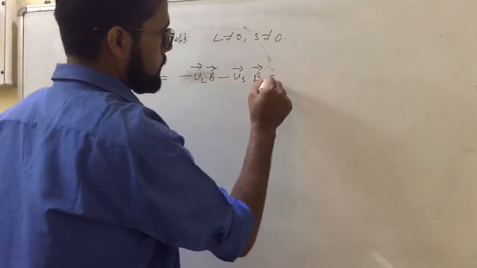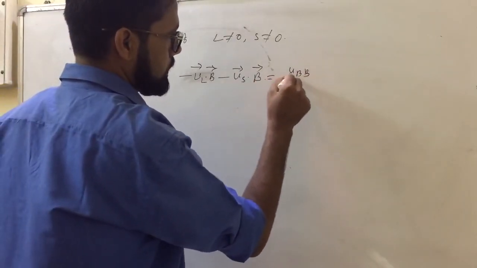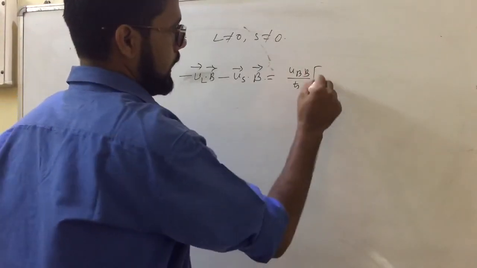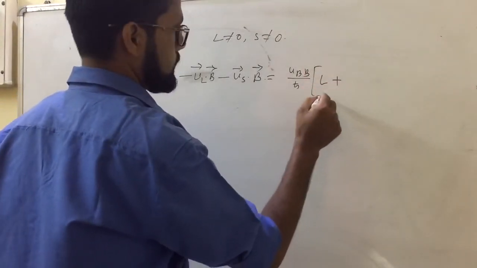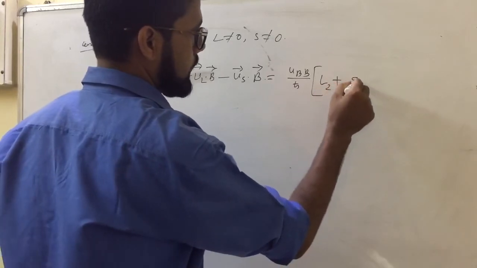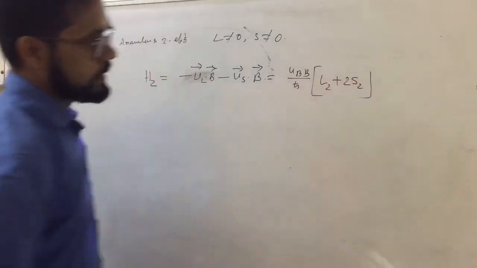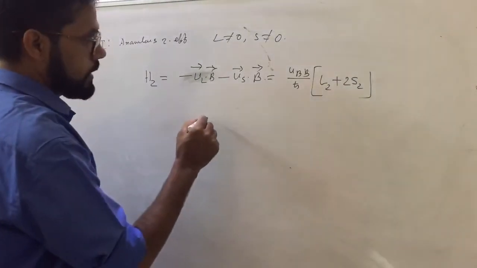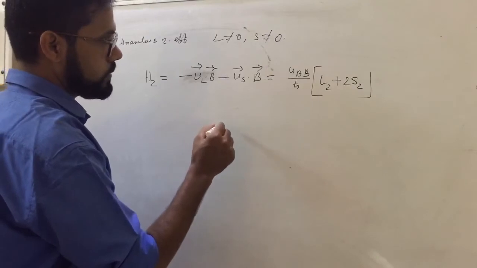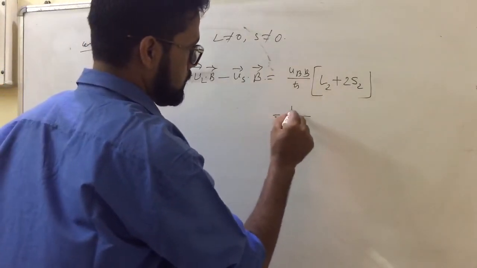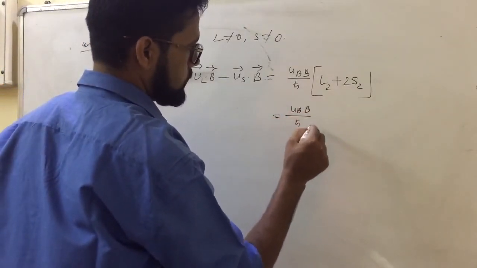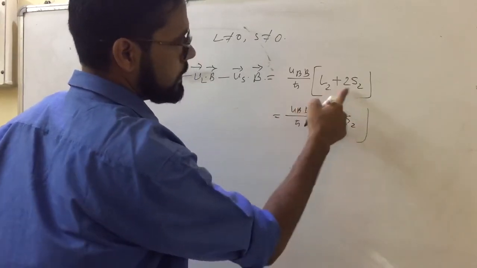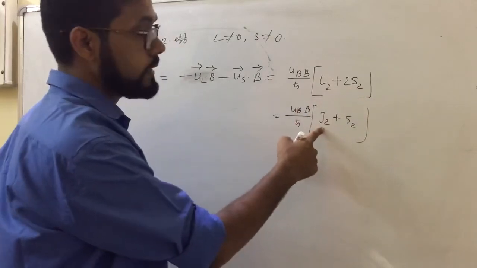So I simplify and write mu B B over h cross, L z plus twice S z. So this is equal to mu B B over h cross, L z plus S z. Is it okay? 1 L z plus 1 S z.